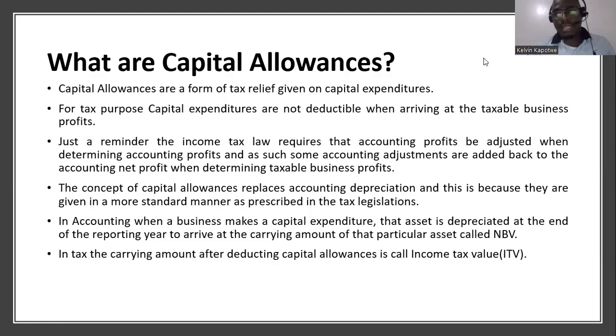But when we are in taxation, we are looking at the income tax value. So the income tax value is the cost minus the capital allowances. The value that remains is what is referred to as the income tax value. I hope that makes sense.